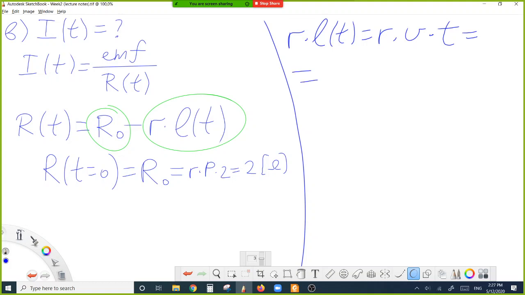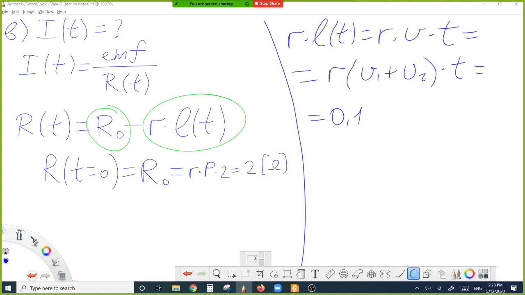Here V is the sum of V1 plus V2, and R is 0.1 ohm per kilometer.